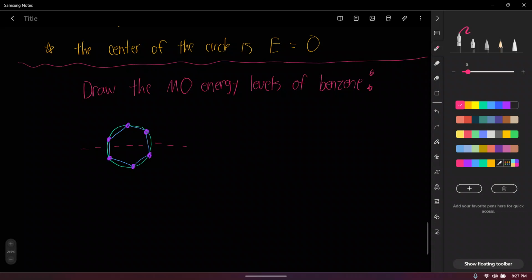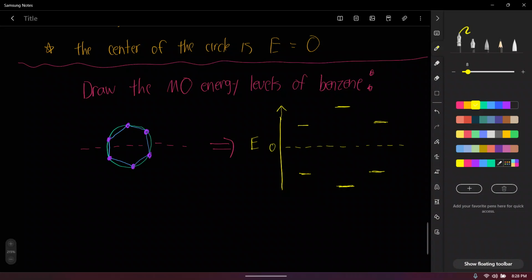So all I would have to do is take this image and translate it to an actual energy diagram. If I have energy on the axis and I put 0 right here with a nice dotted line, then I know that in benzene there's going to be 1 molecular orbital on the bottom, and then there's going to be 2, looks like they're about here and here, and then there's going to be 2 maybe like there and there, and 1 right up at the top.